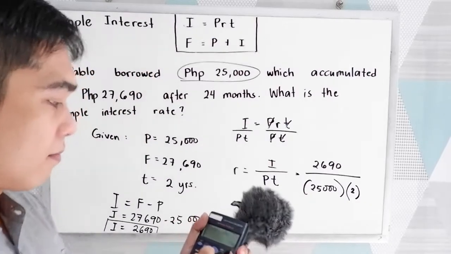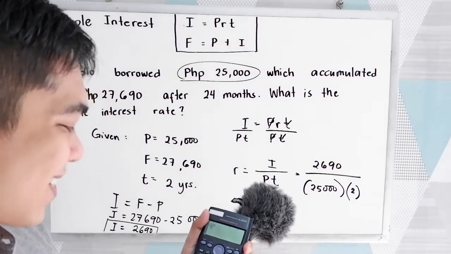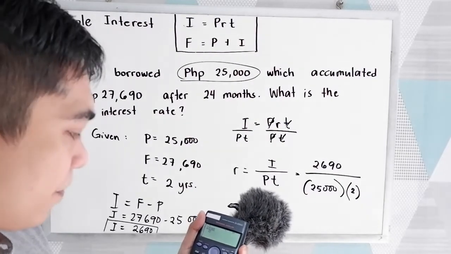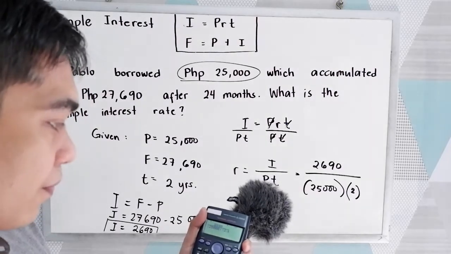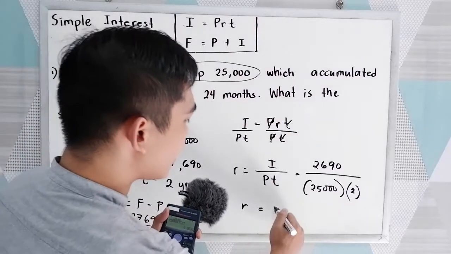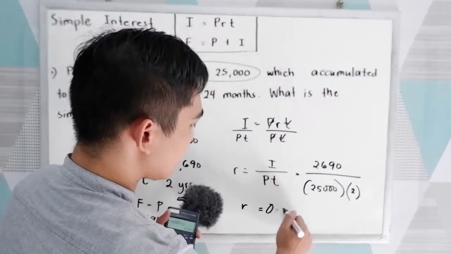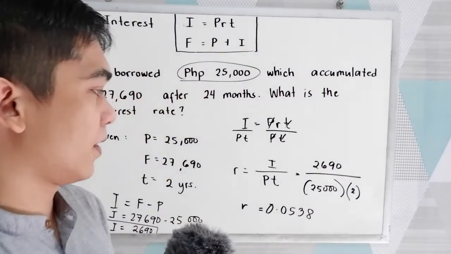To find the rate, use your calculator. We have 2,690 over 25,000 times 2. So that is 0.0538.